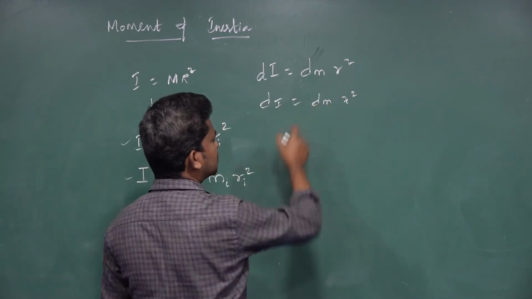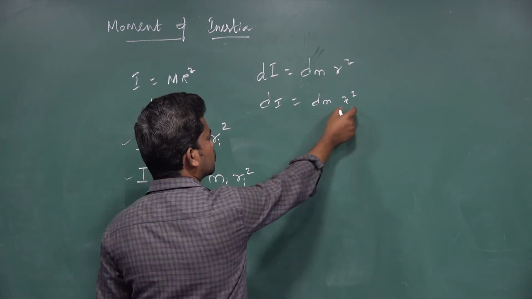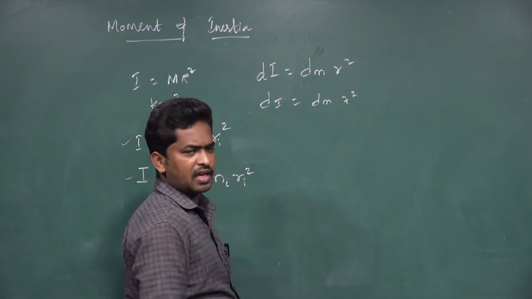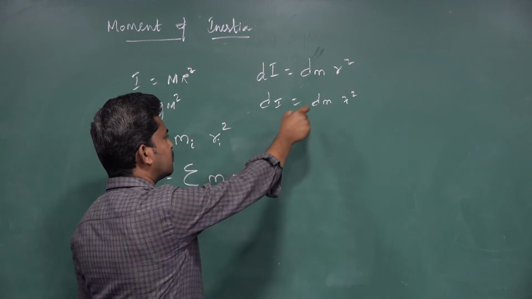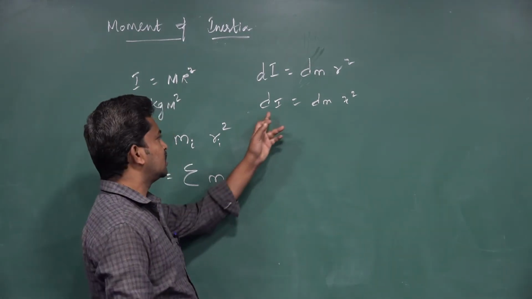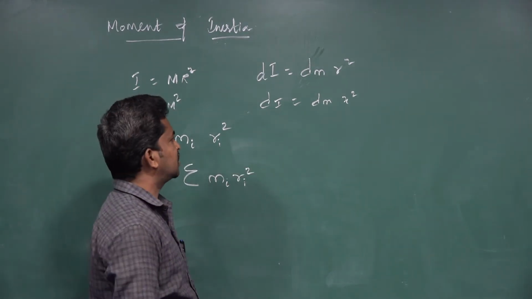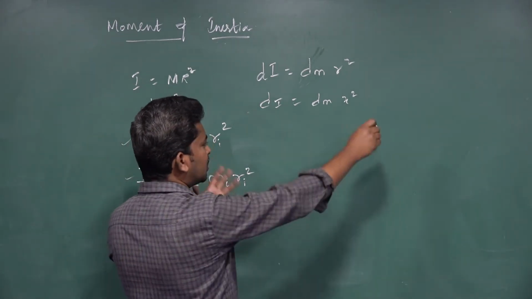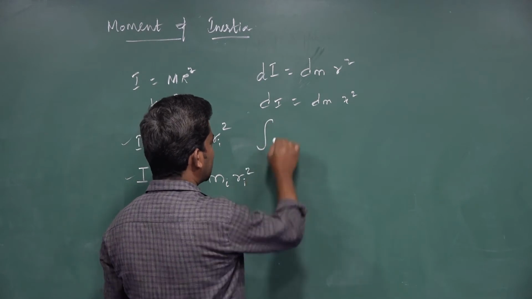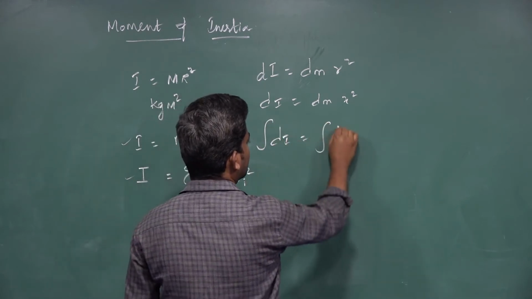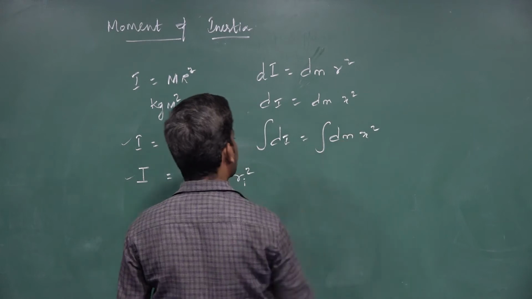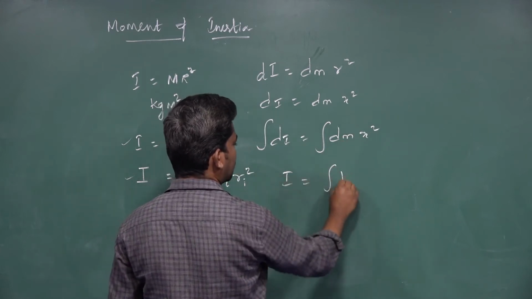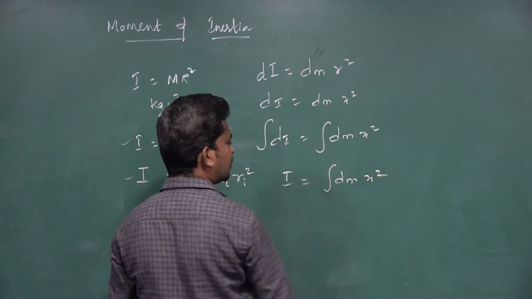If the small mass dm is at position x from the axis, the moment of inertia of the small mass over a distance dx is dI equal to dm x square. So to get the overall moment of inertia, we take the integral: I is equal to integral of dm x square, or dm r square.